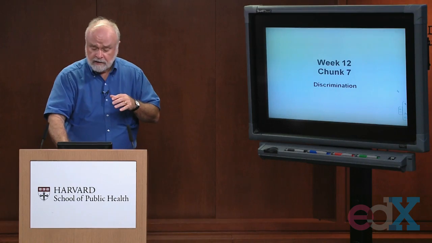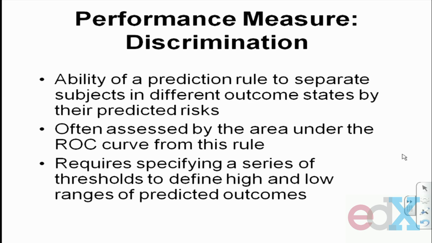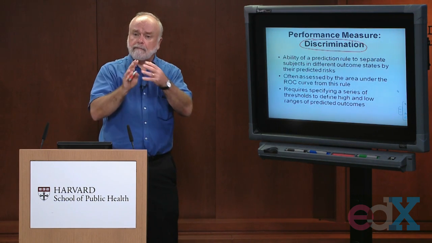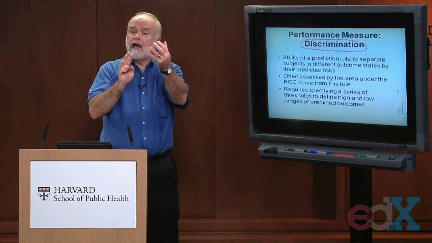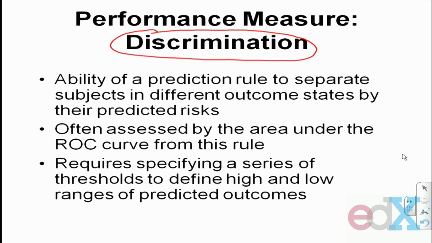Well, there's another measure of performance we can talk about in addition to calibration that describes the performance of a prediction rule. It's called discrimination, and that's what I'd like to talk about now. Now, discrimination refers to the ability to separate people according to their outcomes, separate the people who end up dying from the people who did end up not dying based on what the predicted risks are.